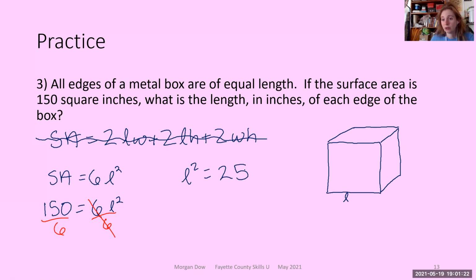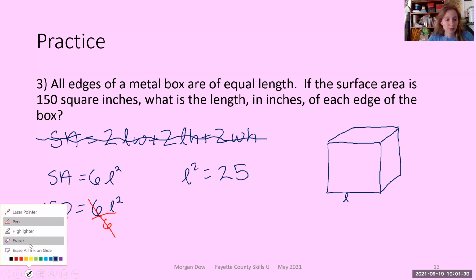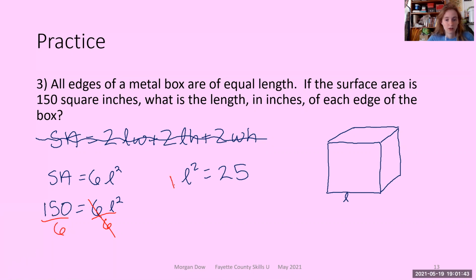Now, I don't want to know what L squared is. I want to know what L is. So what's the last step here? How do we get rid of that squared? How do we get rid of that exponent of 2? We already did something kind of similar to this earlier in the lesson. To cancel out the exponent of 2, we take the square root. We'll do the same thing to both sides.